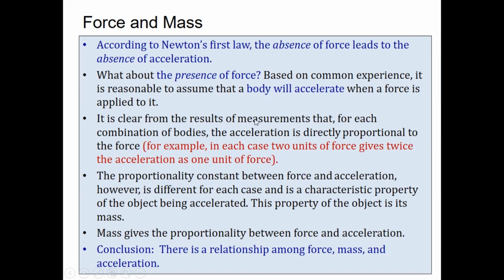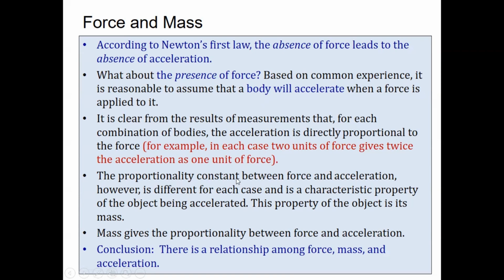It is also clear from the measurements that the acceleration is directly proportional to the force. For example, 2 units of force will give twice the acceleration that 1 unit of force will give. So acceleration keeps increasing as we keep increasing the force.